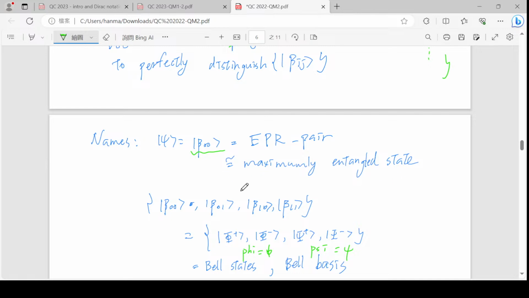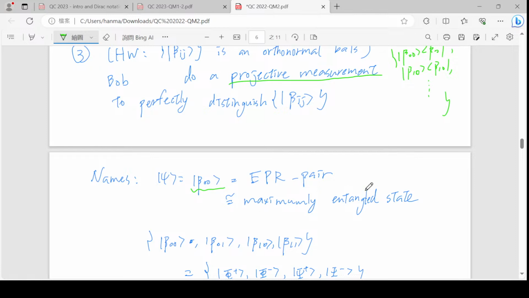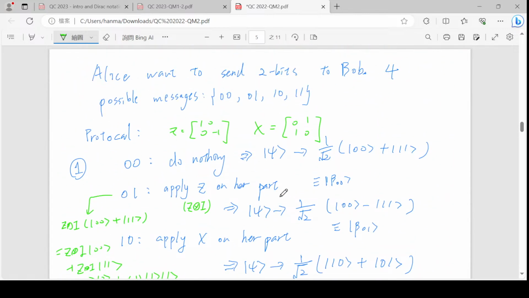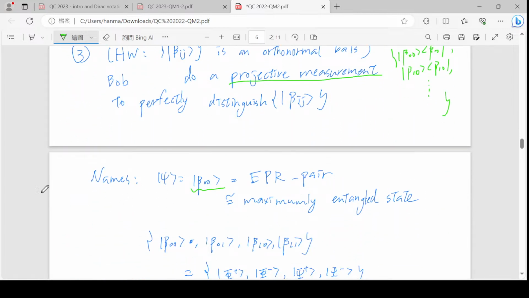And it's a maximally entangled state. It's also confusing, because all 4 of them are maximally entangled states. There is a measure you can calculate for how entangled a quantum state is, and you see that those 4 states are maximal on that. We'll talk about that a little bit in the next chapter or next PDF.